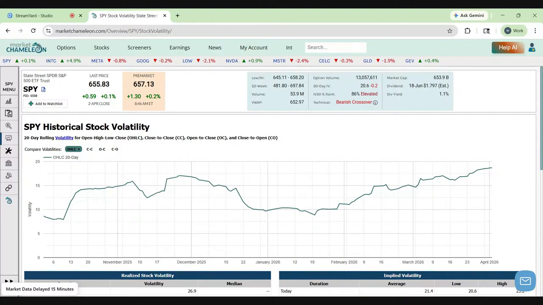So, for example, let's say the stock closed at one price, opened at a higher or lower price, moved around from a high to a low, a really big range, and then at the end of the day, it closed at the same price as the previous day.